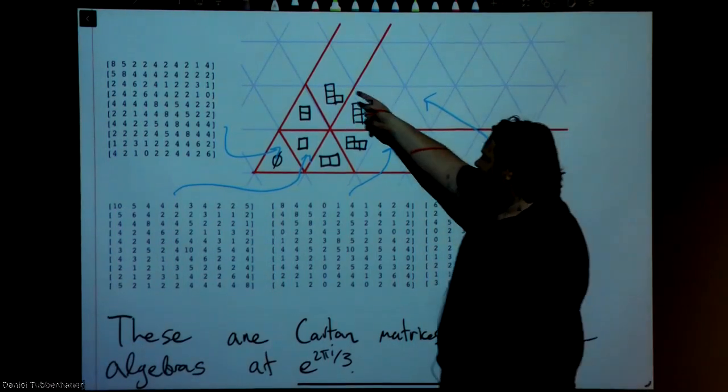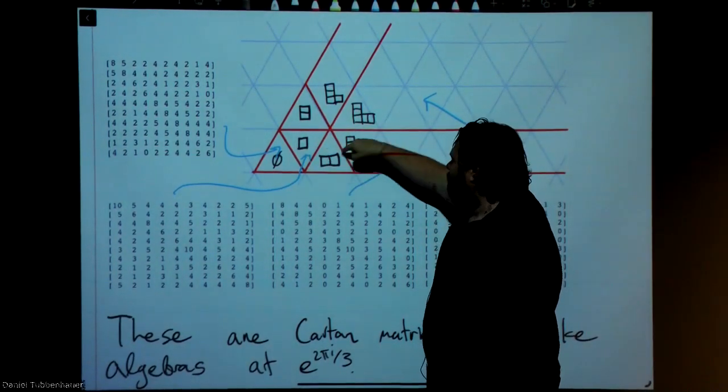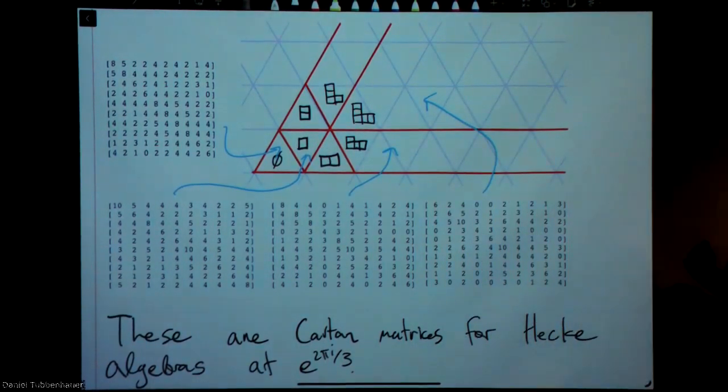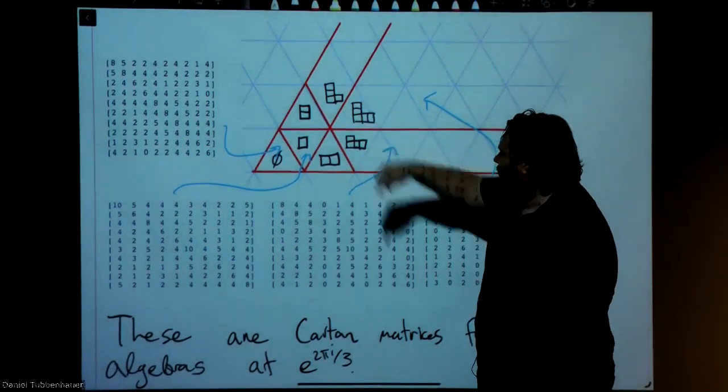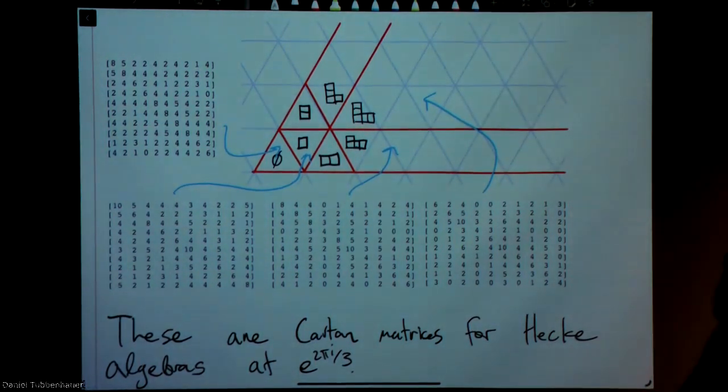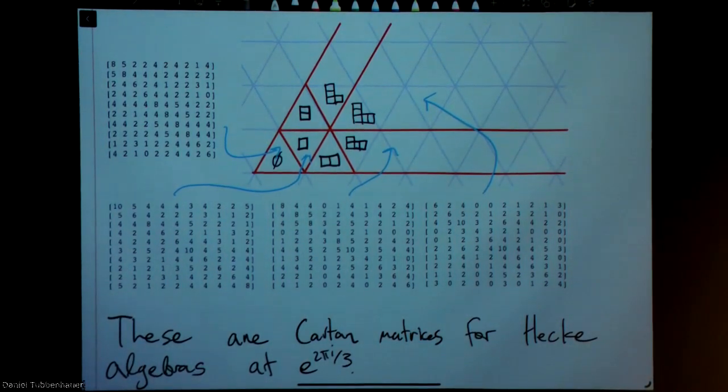What I'm drawing here are the 3 cores that correspond to these chambers. So I'm looking at the blocks where I take these 3 cores and I add 9 boxes to them, 3 hooks.